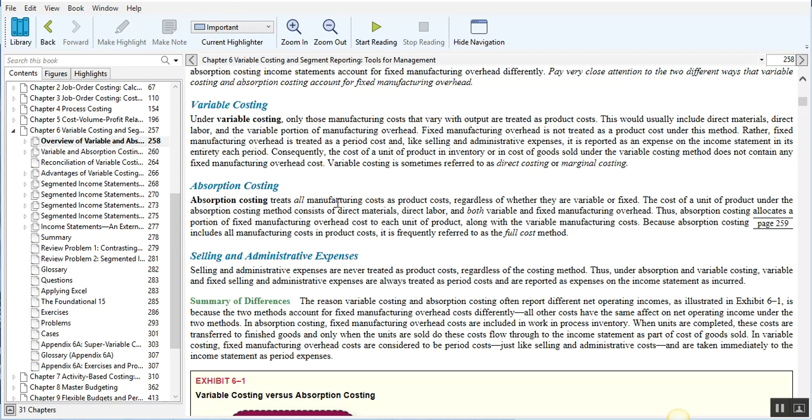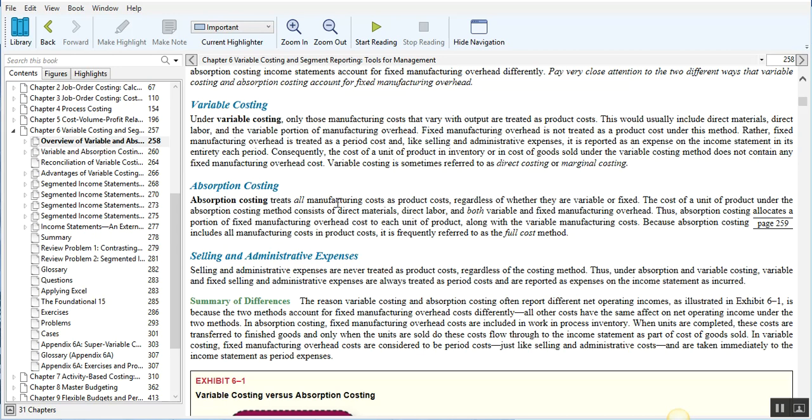So absorption costing is going to allocate a portion of the fixed overhead to each of the units that we're producing, along with the variable costs. So absorption costing is going to include all of those manufacturing costs. We're going to call it absorption costing or full cost method.